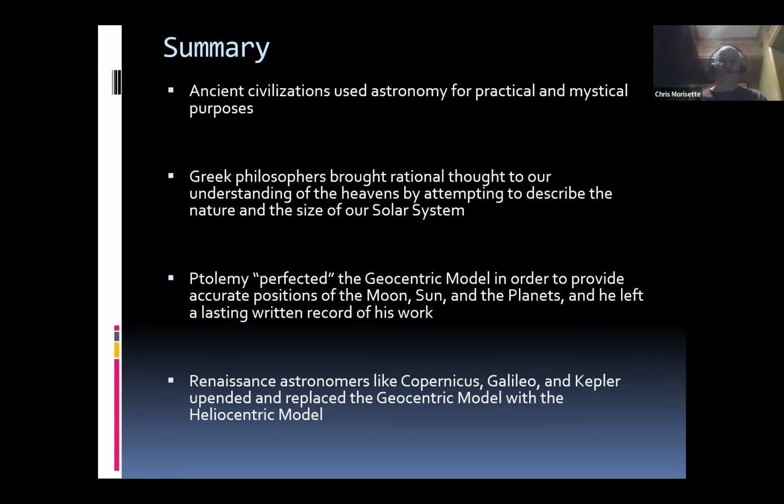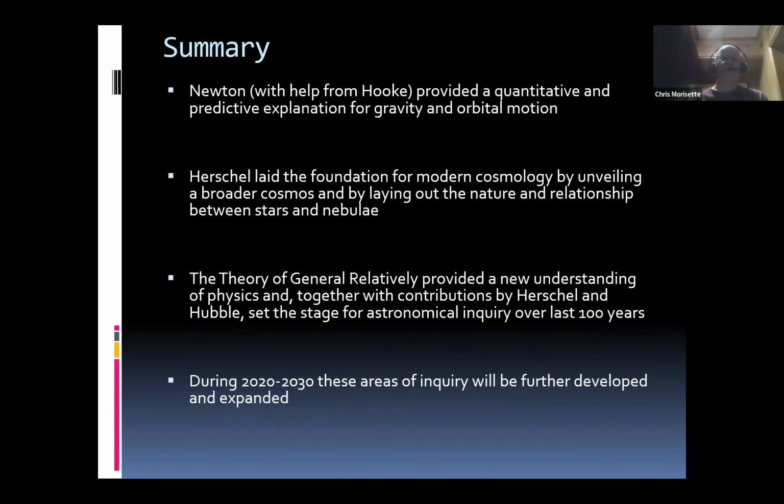Ptolemy perfected the geocentric model in order to provide accurate positions of the moon, sun, and the planets, and he left a lasting written record of his work. Renaissance astronomers like Copernicus, Galileo, and Kepler upended and replaced the geocentric model with the heliocentric model. Newton, with some help from Robert Hooke, provided a quantitative and predictive explanation for gravity and orbital motion.